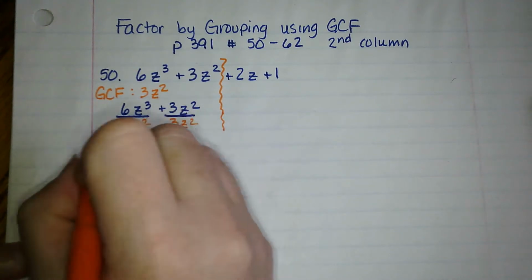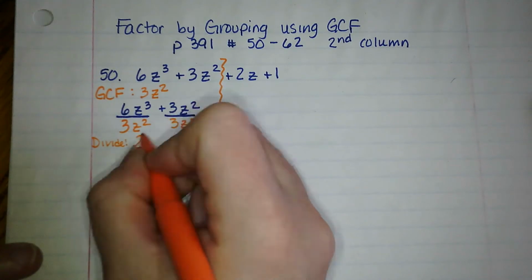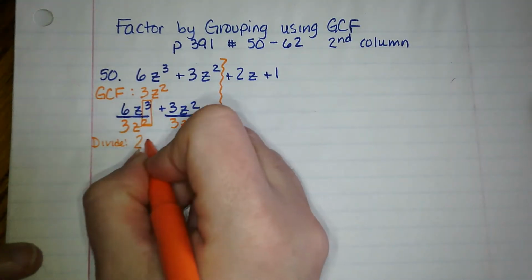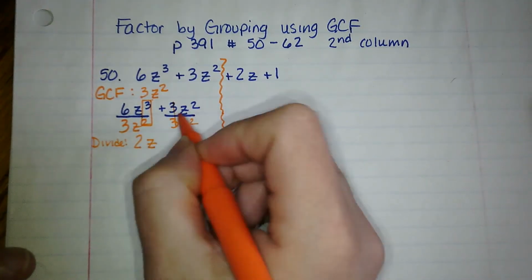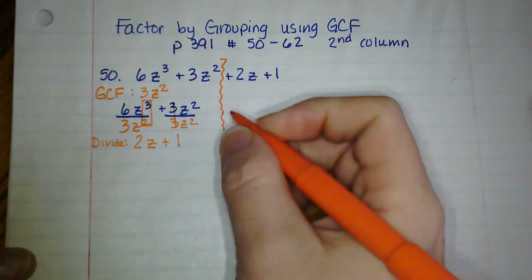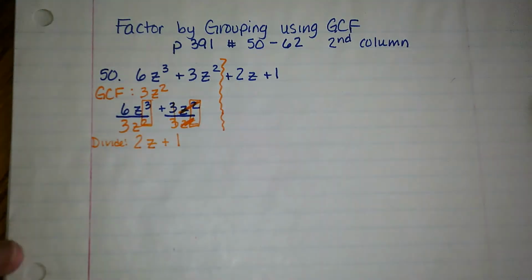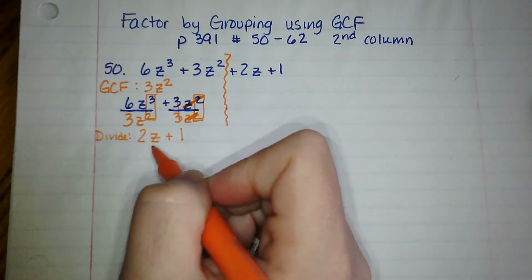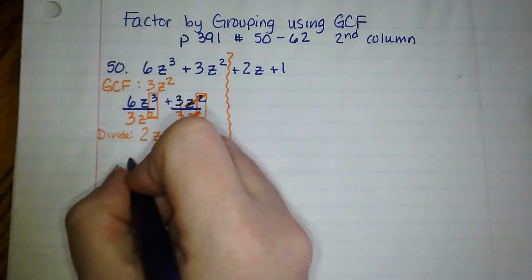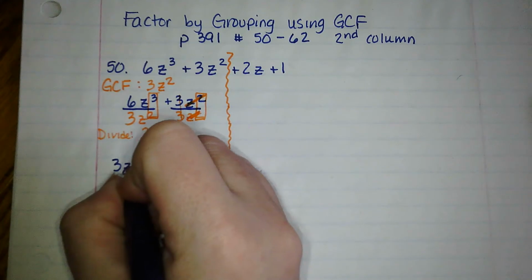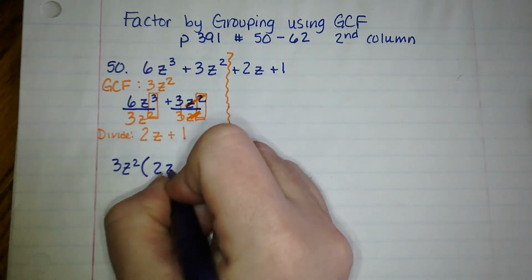So that's going to give us 2, and subtract the exponents, so that would be z. And then this one, 3 divided by 3 is 1, and subtract the exponents, and you get 0, so these cancel. So our final answer for the left side of this line is 3z squared, that's the GCF, that goes on the outside, and 2z plus 1 on the inside.